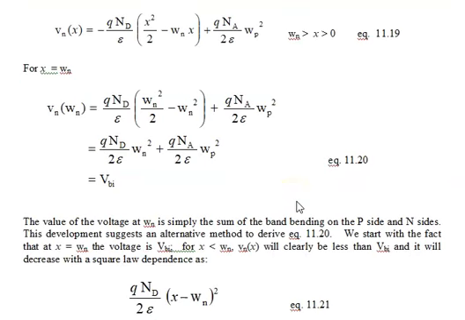And no, I'm sorry. I apologize. This is not the entire voltage. This is the voltage at X equals Wn. So at X equals Wn, we put in Wn here, we put in Wn here, and this is a constant term.